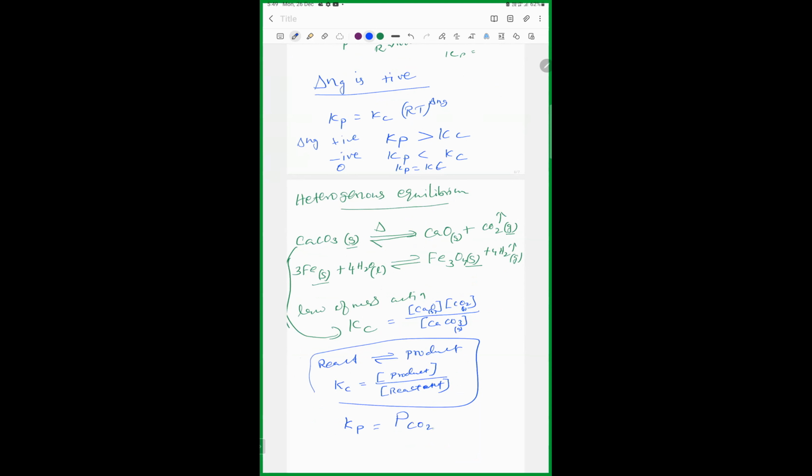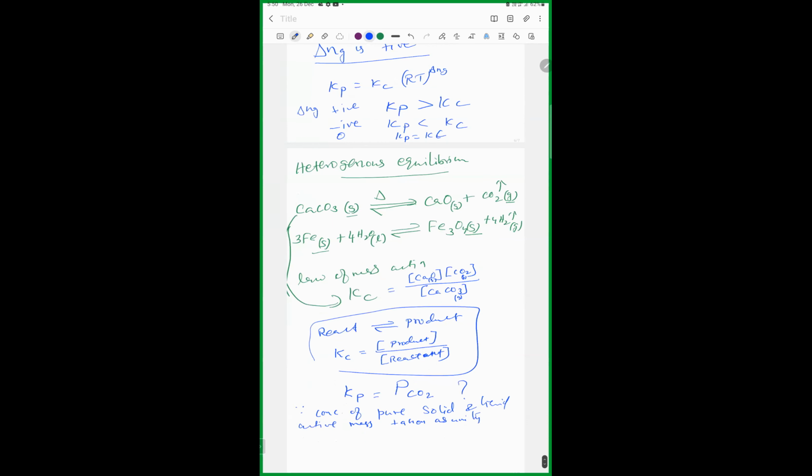Why? Because the concentration of pure solid and liquid, the active mass, is taken as unity. Understood?